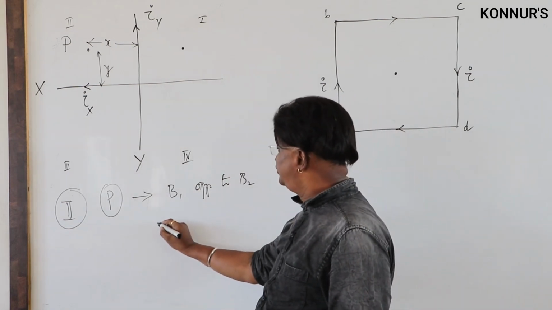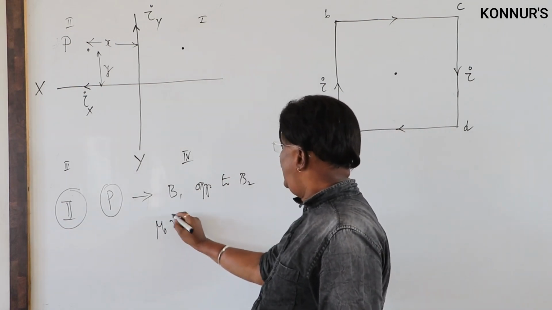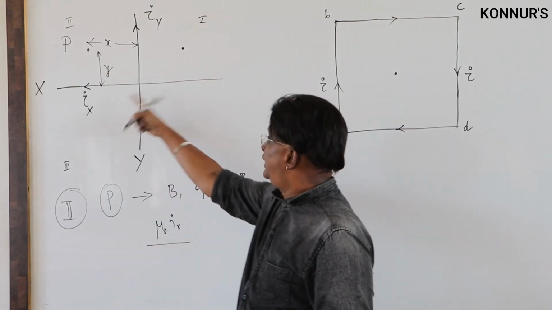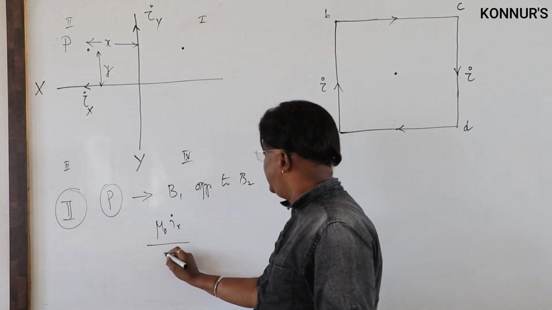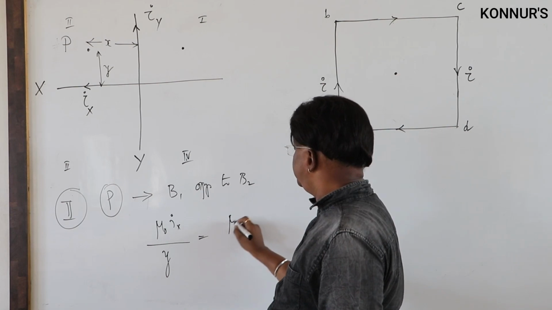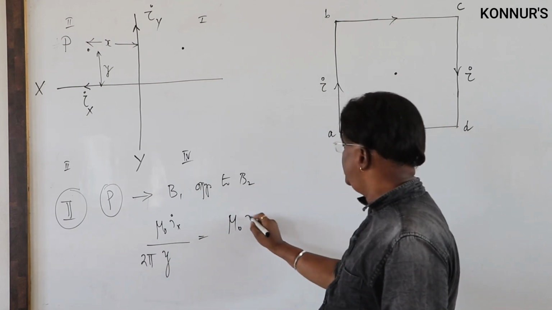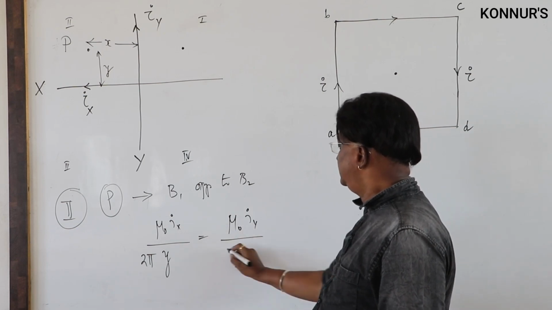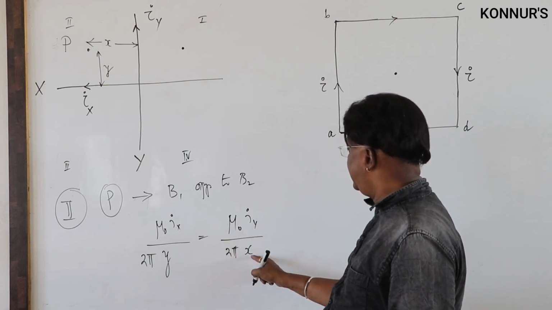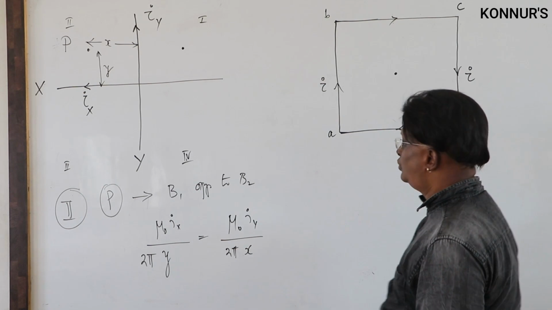Therefore now what is the condition you are getting? Mu naught Ix due to x I am writing, and at what distance is it there? Y is equal to, and 2 pi r, 2 pi y is equal to mu naught Iy by 2 pi x. X is the distance from the conductor y.